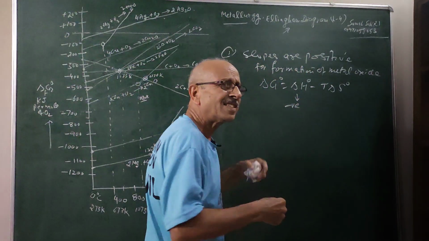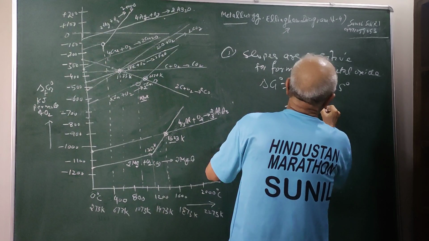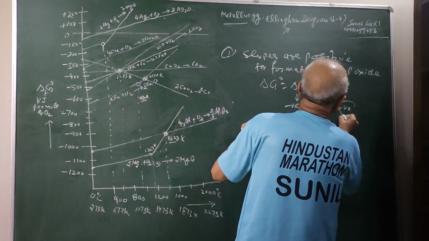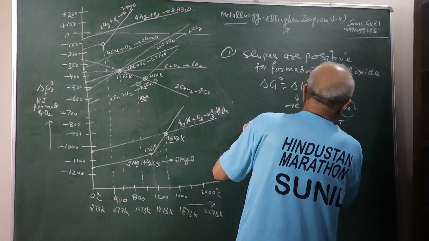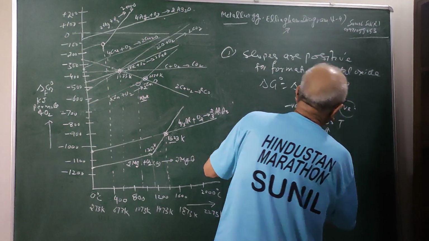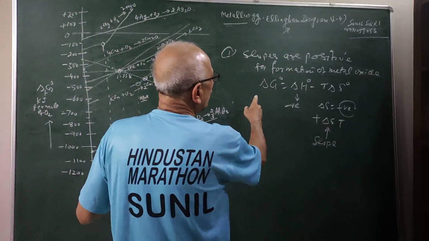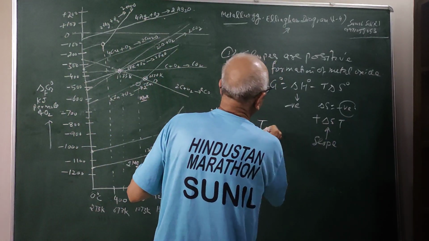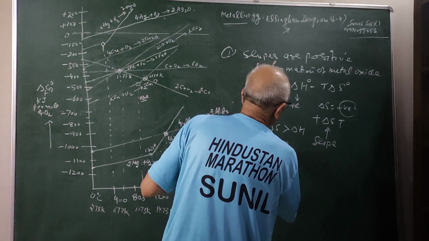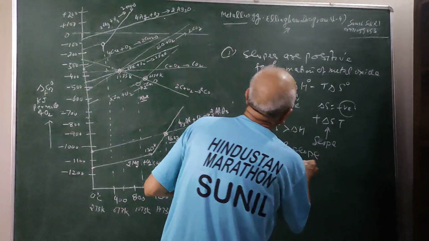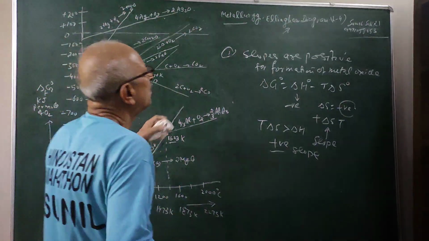The formation of oxides is a combustion reaction, and since delta S is negative, this becomes a plus delta S T term. So this is my slope. That is why the slopes are positive, and as the temperature increases, T delta S becomes greater than delta H, so there is a positive slope for the elements which we have shown.